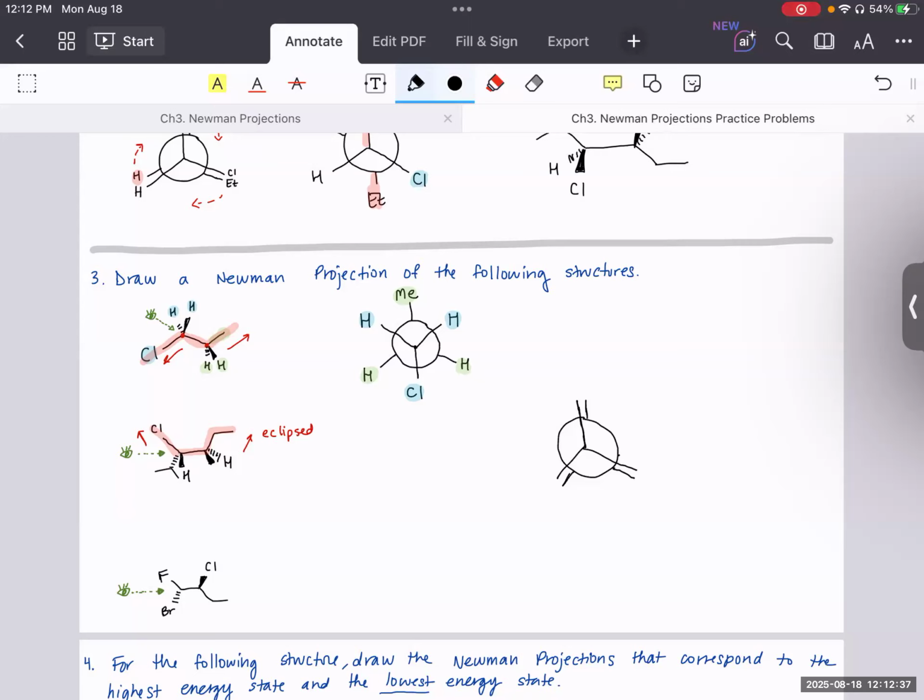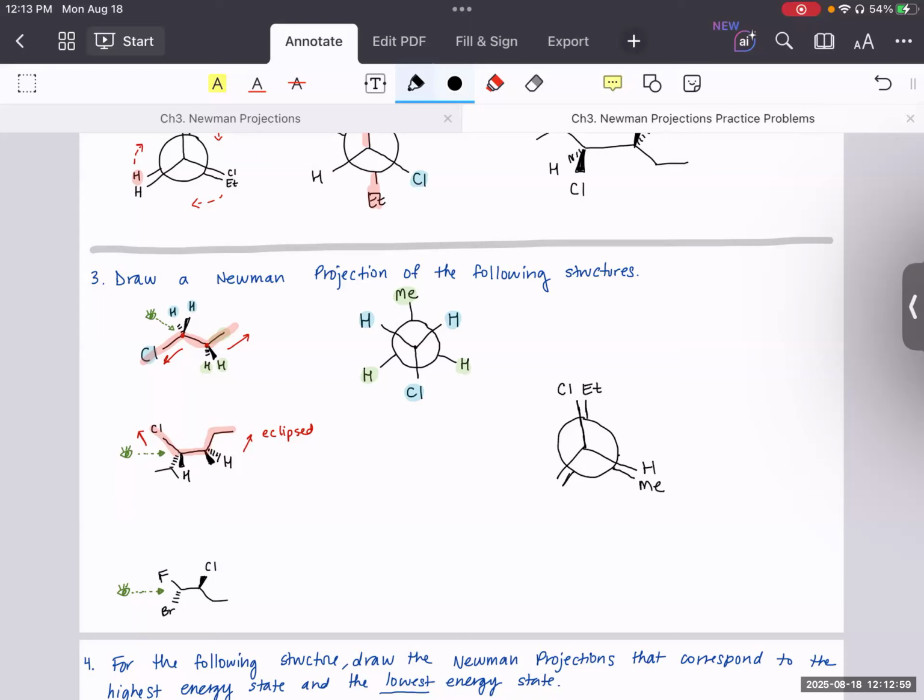Next, we can fill in those first groups in plane. So that's going to be the chlorine on that front carbon, and then an ethyl group on that back carbon. And then next, we have that the wedged groups are going to be on the right side of the molecule. So this hydrogen is on the front carbon, then a methyl is on that back carbon.